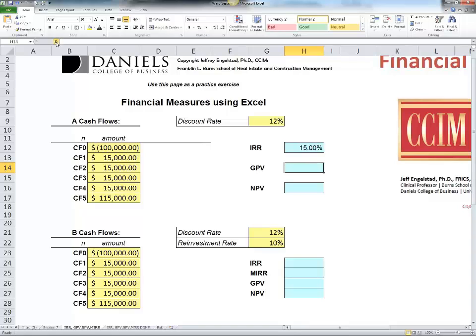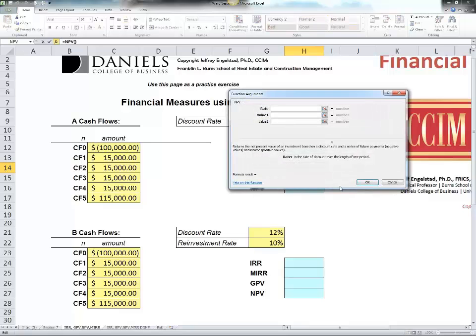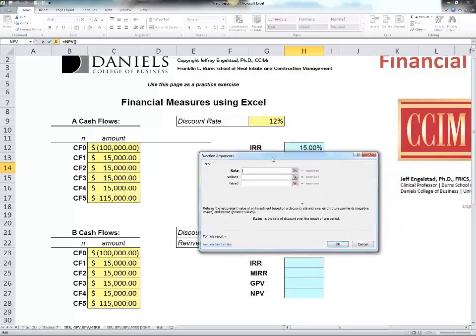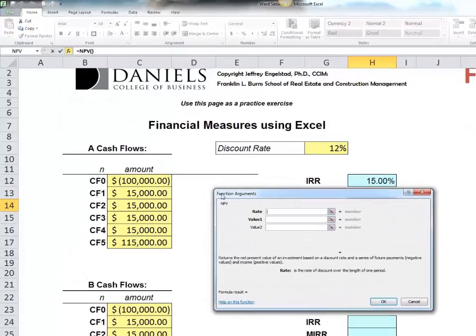To calculate the gross present value or the investment value of a series of cash flows, we use the net present value function in Excel. So let's type in NPV for net present value, and we'll grab that function. You may remember we talked about this a little bit before. This net present value function in Excel, within its function arguments, will not solve for net present value.